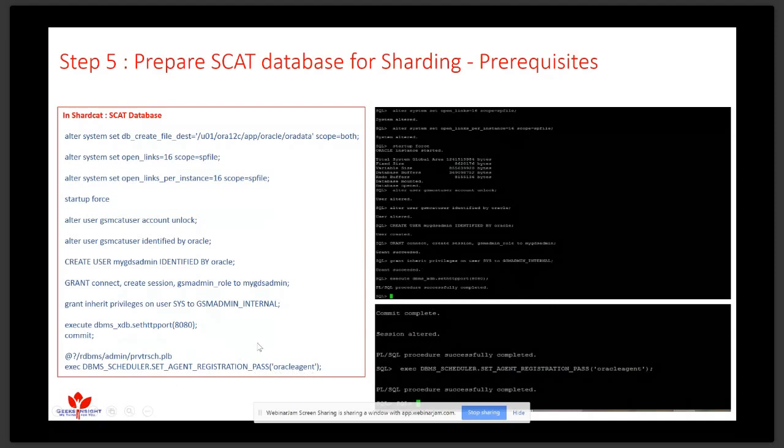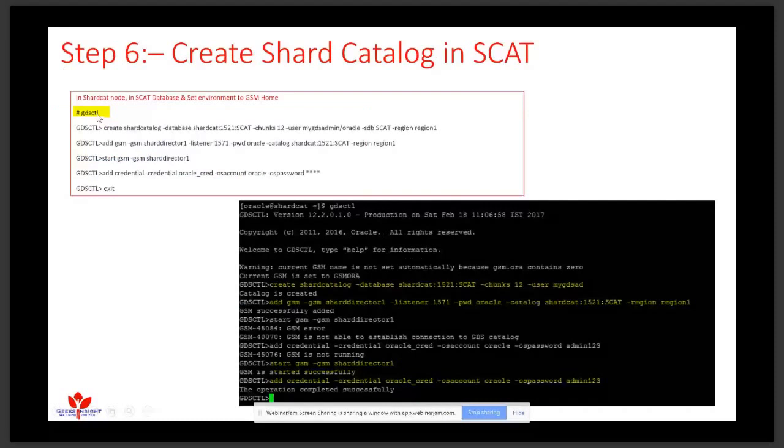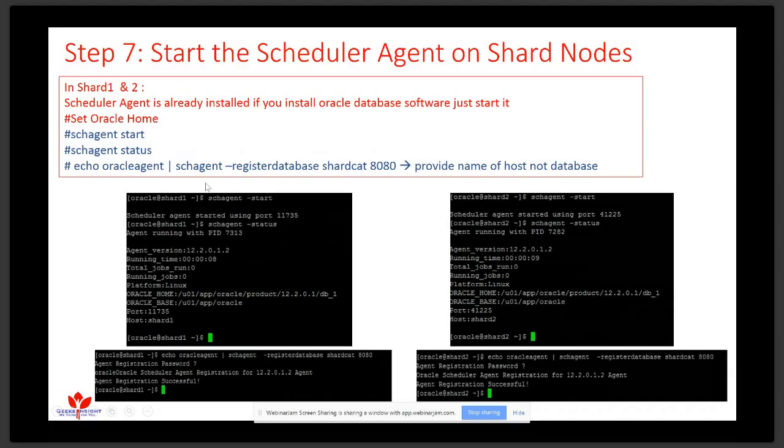And then in shardcat, run GDSCTL with the GSM home location. The first thing is to create the shard catalog. You specify the node, port number, database name, service name, and how many chunks.